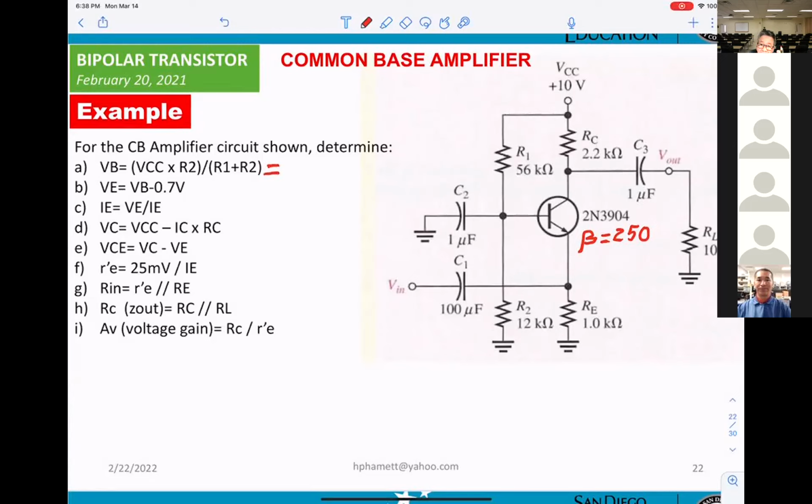Basically, you get 10 volts times 12K, divided by 12K plus 56K. 1.764. Exactly. 1 point. And the next one, easy one. Right? 1.06.